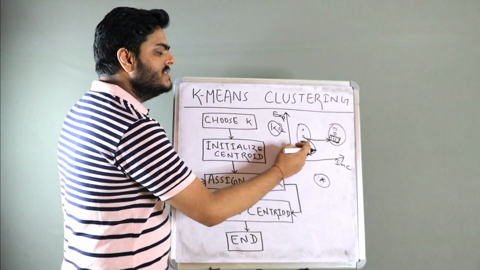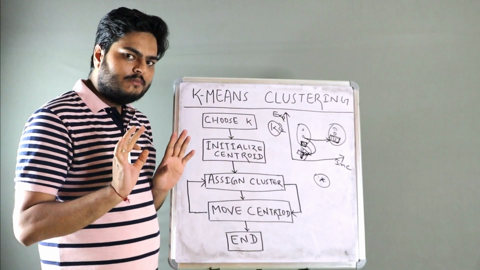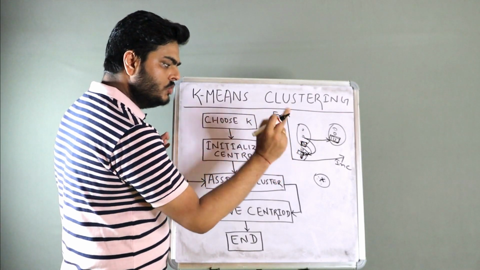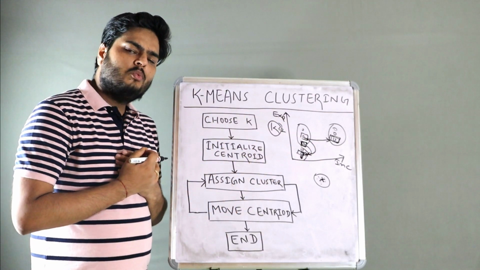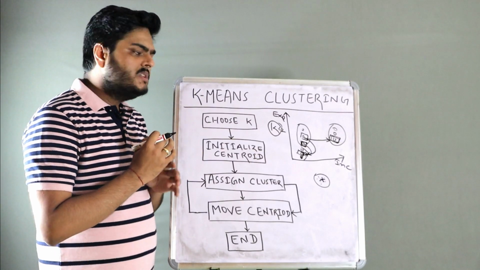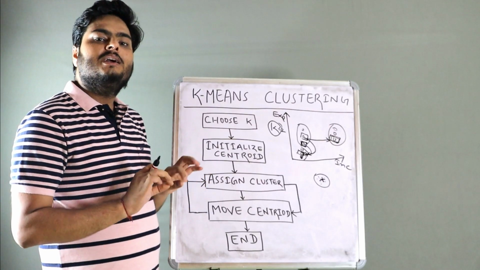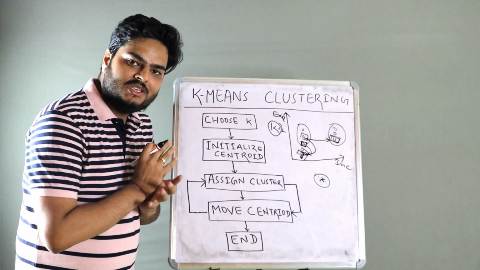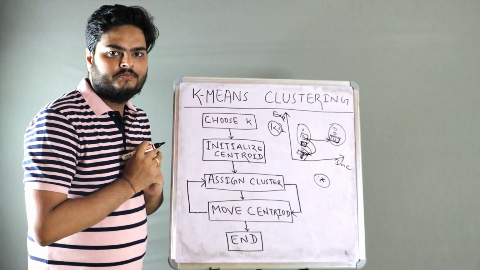Every time the centroid shifts, one iteration is completed. Okay? Iteration 1, iteration 2, centroid shift, iteration 3. There will be a point where there will be no shift in the centroid, which means the new centroid and old centroid will be the same. And that is where your clustering algorithm converges, or it says that these are the final clusters.